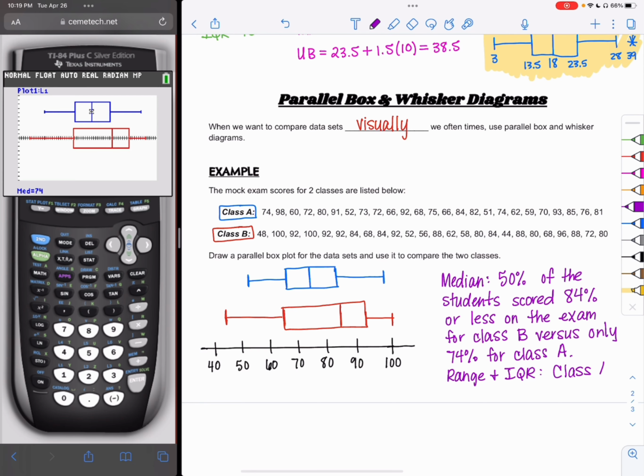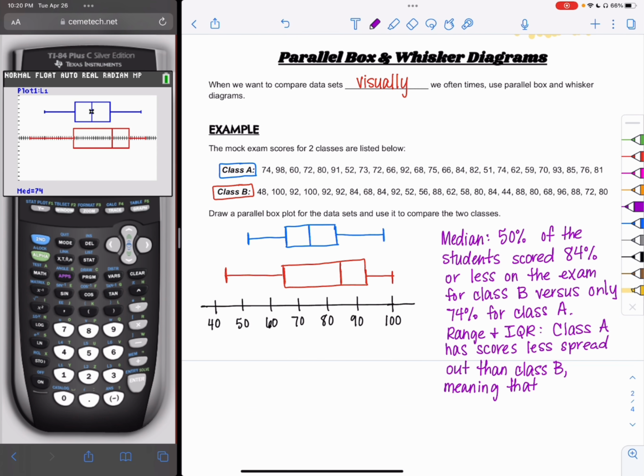So here I can put that class A has scores less spread out than class B, meaning that the scores of class A are more predictable.